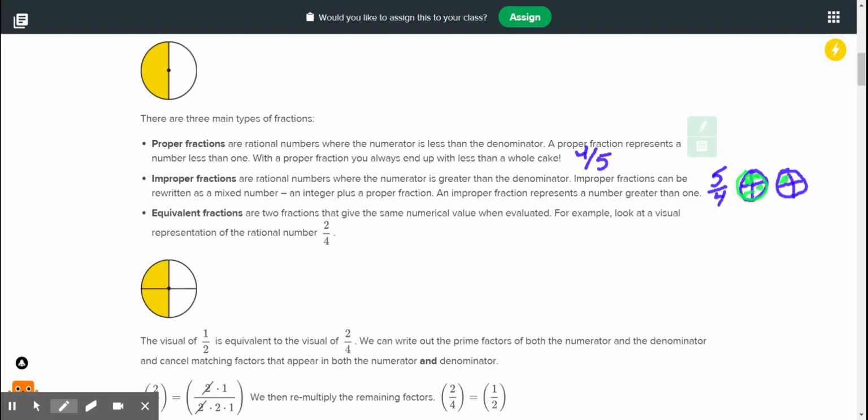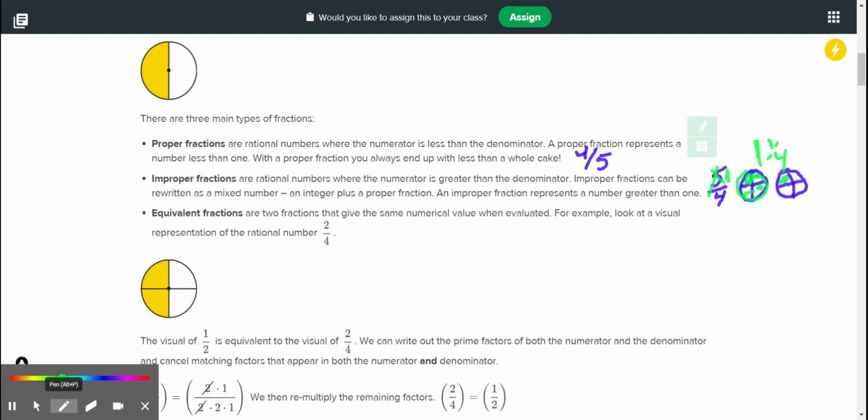When simplifying, you can always draw out pictures, but another tool you can use is to ask yourself, how many 4s go into 5? 1 four goes into 5. If I take 4 away from 5, that leaves me with 1 left. So I'd have 1 and 1/4. That's how I would rewrite it as a mixed number.